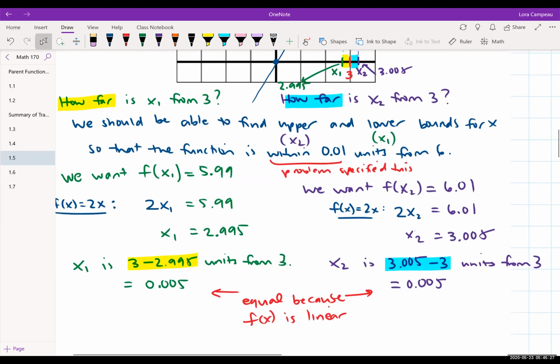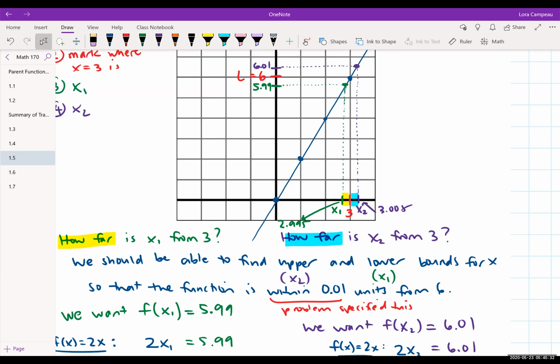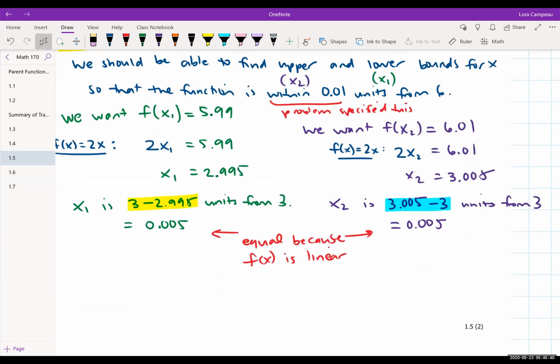What we're trying to say is, how close do we make these x1s and x2s so that we are within 1/100th of the number 6 on the y-axis? We don't have a choice. The distance, no matter what, has to be within 0.005 units from 3. Therefore, we would need to choose x to be within 0.005 units from 3.